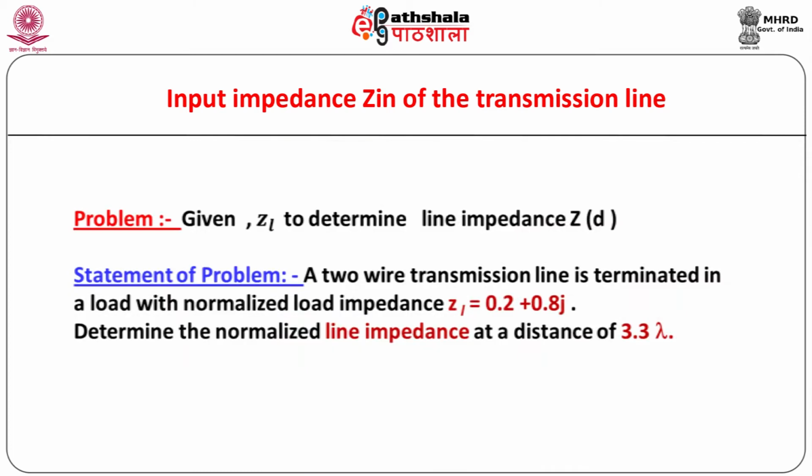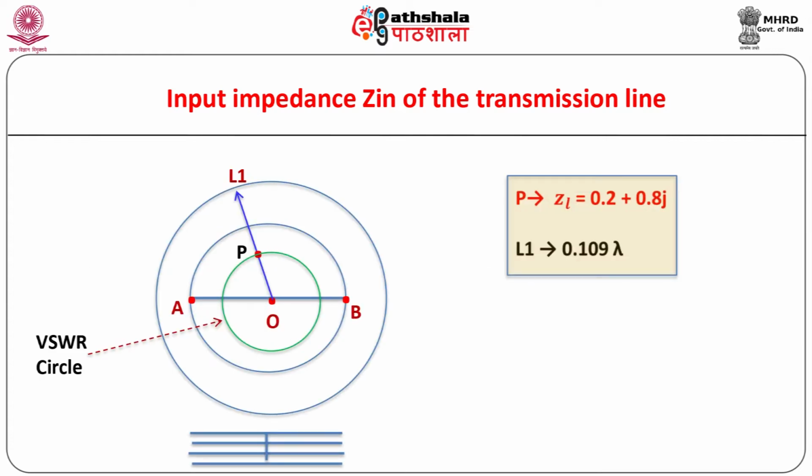Let us discuss a problem wherein given normalized load impedance, we can determine the normalized line impedance at a distance d from the load. The statement of the problem is as shown. The solution is as follows. Step number 1. Plot the normalized load impedance, that is point P, on the Smith chart.